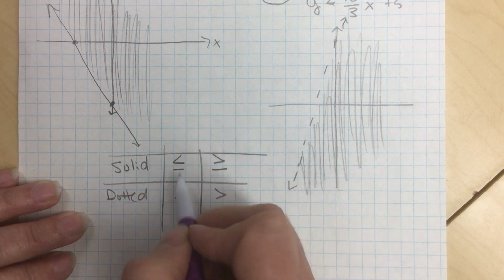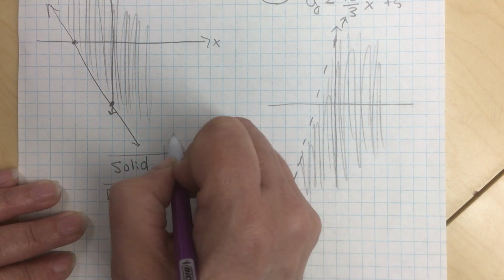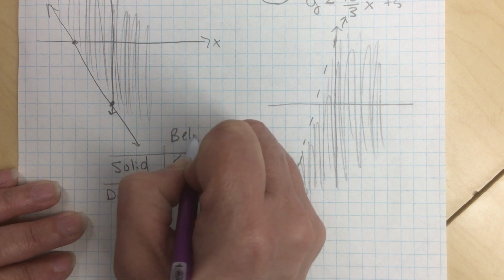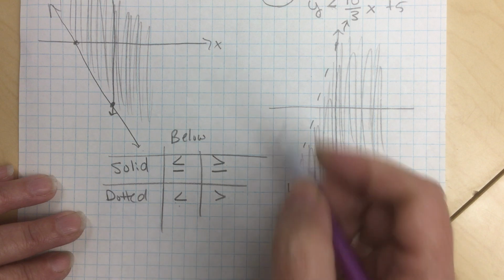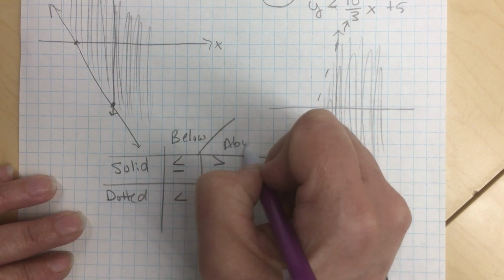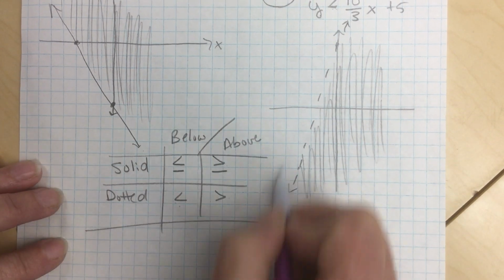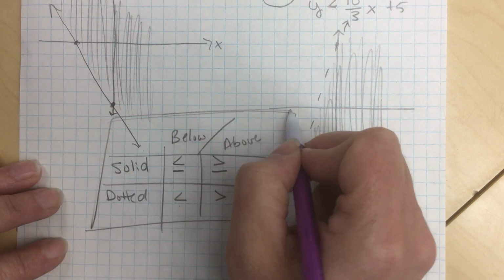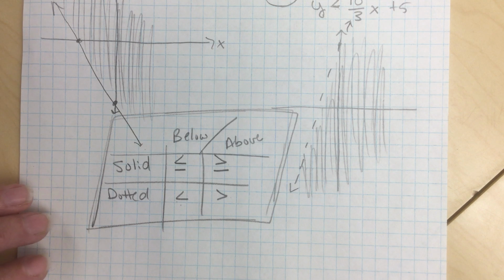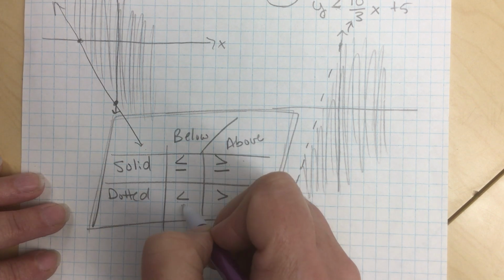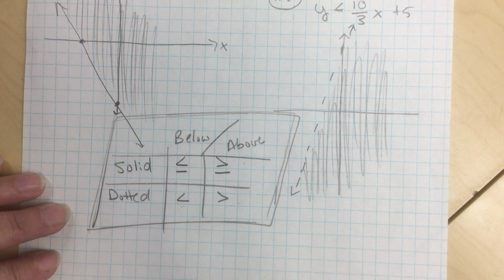If it's pointing to the left, it means less than, so you're going to shade below it. And if it's pointing to the right, it means greater than, so you're going to shade above the line. This is a very important piece of information. I would write this down and keep that in your notes. Above, below, solid line, dotted line.